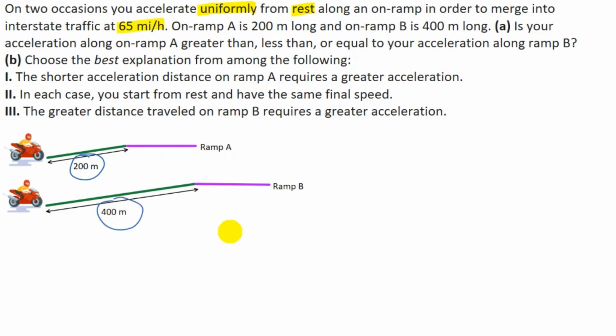Now in both the cases the initial speed Vi is 0 because it starts from rest, and the final velocity becomes 65 miles per hour, and here also the final velocity is 65 miles per hour. Now we have to tell whether the acceleration on ramp A is greater than, less than or equal to the acceleration along ramp B. So this is the question, basically the A part.